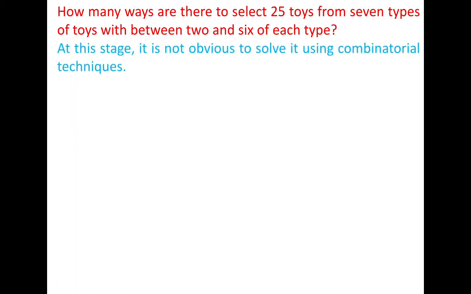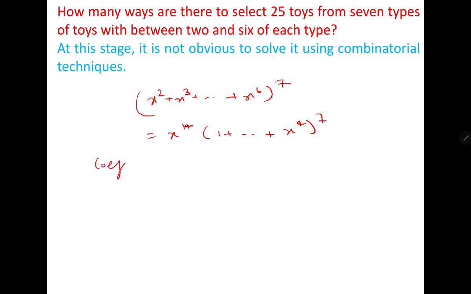If you try to solve it combinatorially, it becomes quite difficult, but you will see that using generating function it's very easy, because writing down the generating function is simply this, and 7 types are there, which is x raised to the power 14 and 1 plus x raised to the power 7, which means that I am looking for the coefficient of x raised to the power 11 in 1 minus x raised to the power 5 by 1 minus x. This is how it can be written.